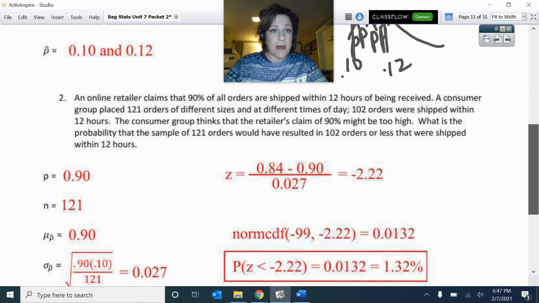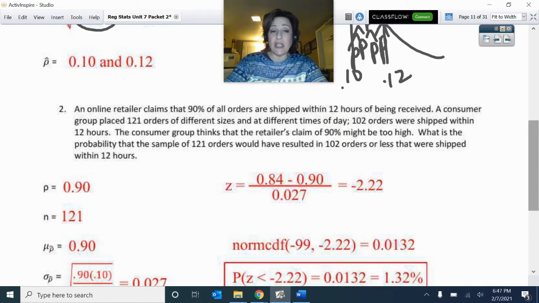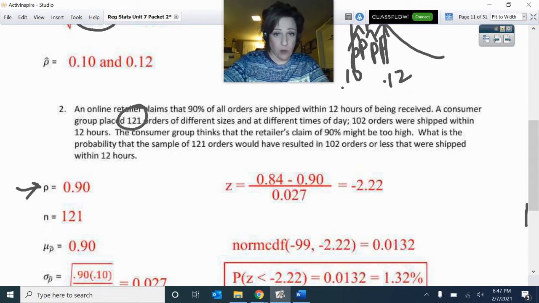Here we are talking about an online retailer that claims that 90% of the orders are shipped within 12 hours of being received. So that's the population claim. That's the original amount. And a consumer group placed an order of 121 different sizes at different times of day.